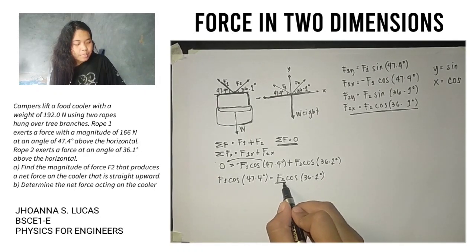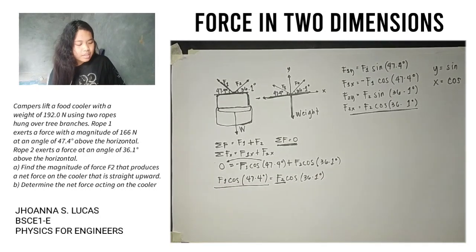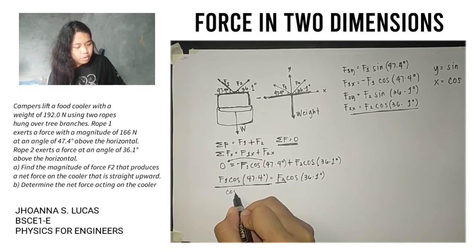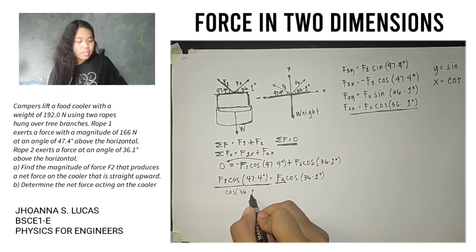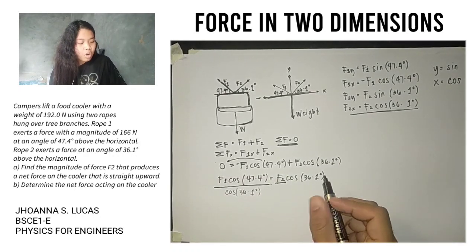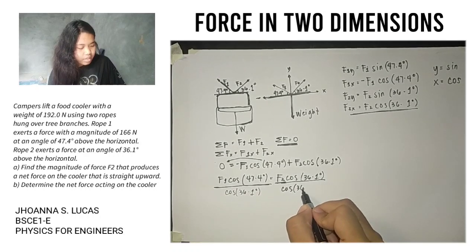F sub 1 times cosine of 47.4 degrees over cosine of 36.1 degrees equals F sub 2 times cosine of 36.1 degrees over cosine of 36.1 degrees.